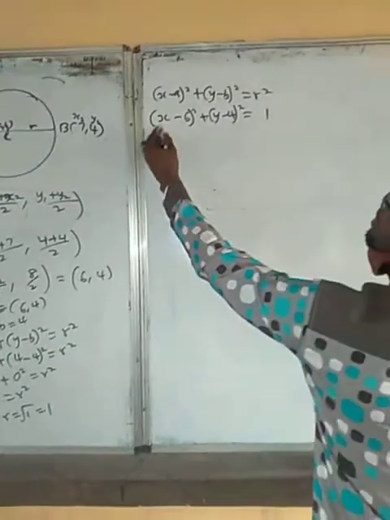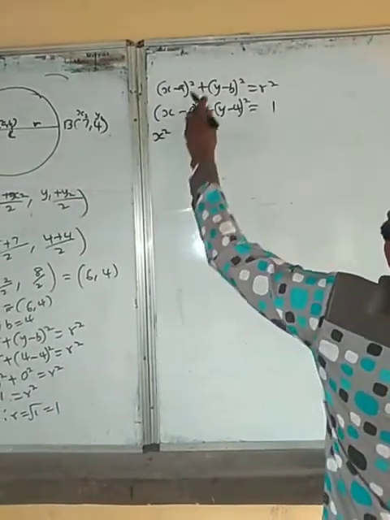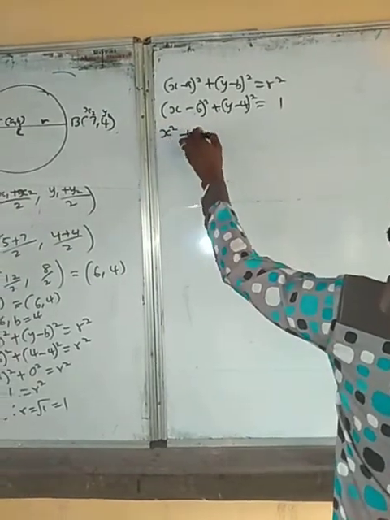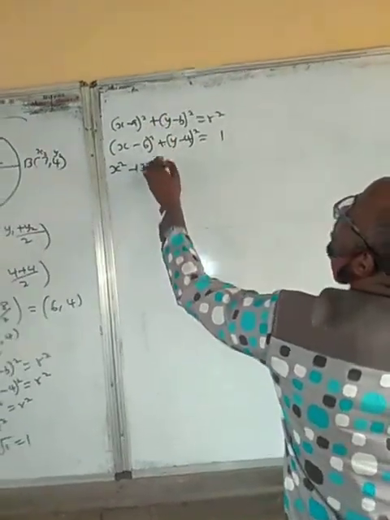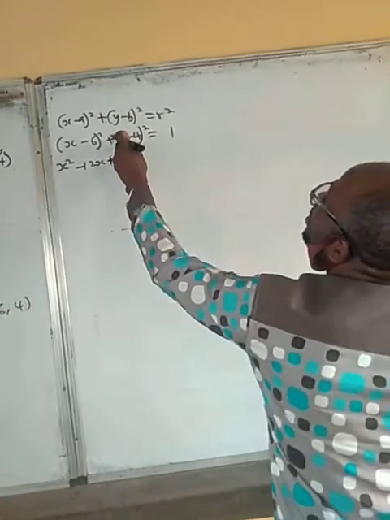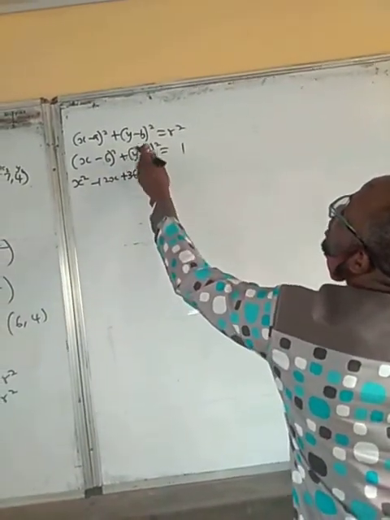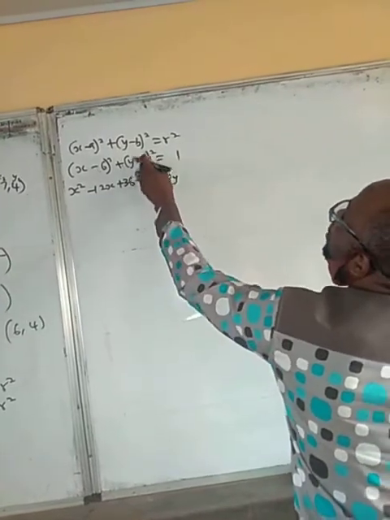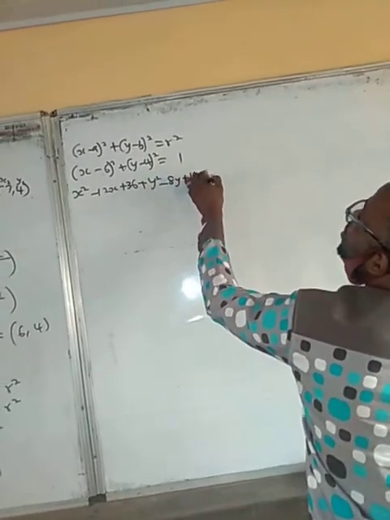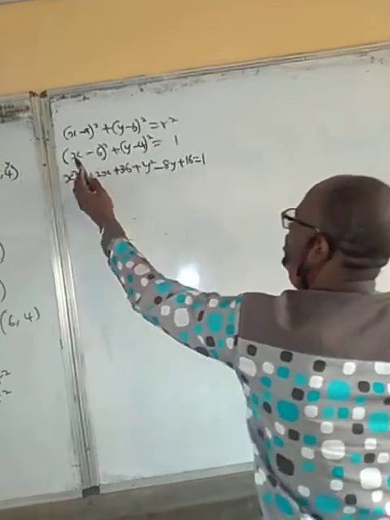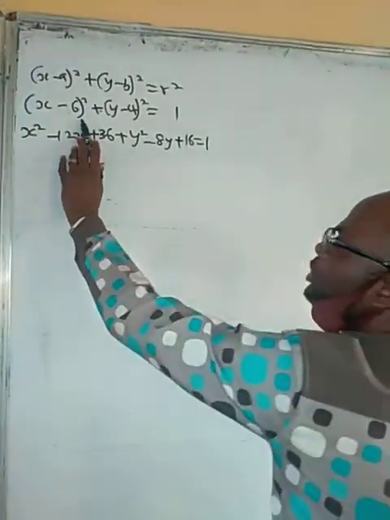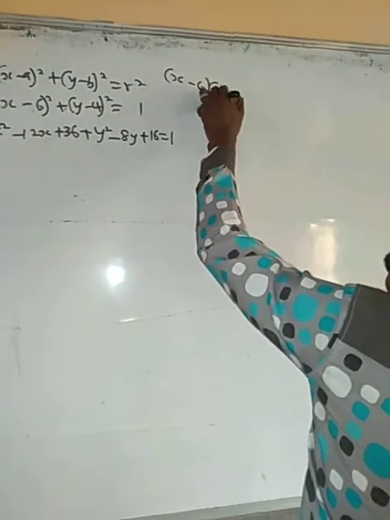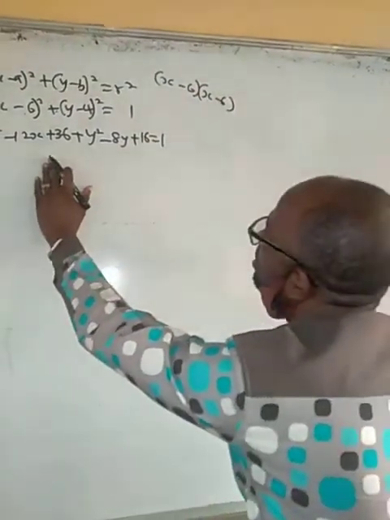So we have x squared, 2 times minus 6, that's minus 12x, minus 6 squared is plus 36, plus y squared, then 2 times minus 4, minus 8y, minus 4 squared is plus 16, is equal to 1. In case you don't know how to expand it in this logical way, you write x minus 6 twice. When you expand it, you have your result.